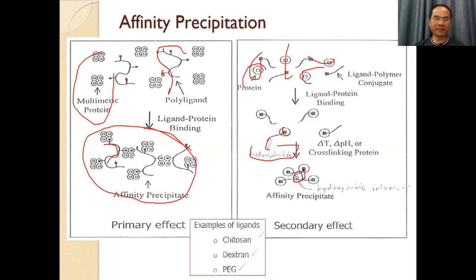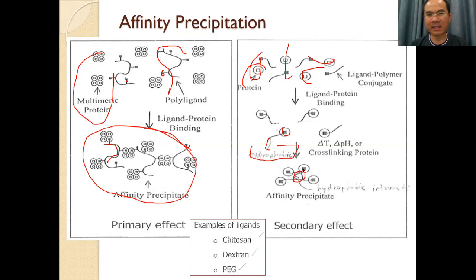Okay, this last slide gives examples of precipitation. Please remember that precipitation is the technique of adding some chemical to induce the protein to precipitate. Mostly we add a chemical to reduce the solubility of the protein. Once the solubility of the protein is reduced, you can easily separate it by precipitation.